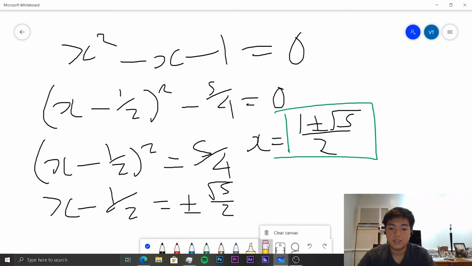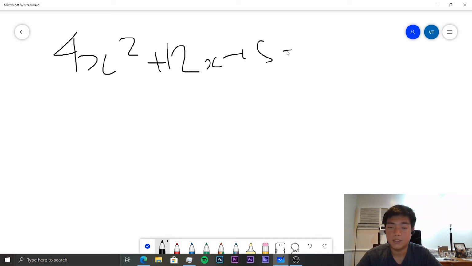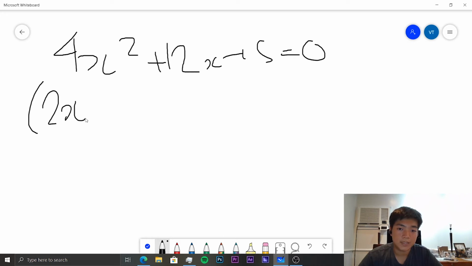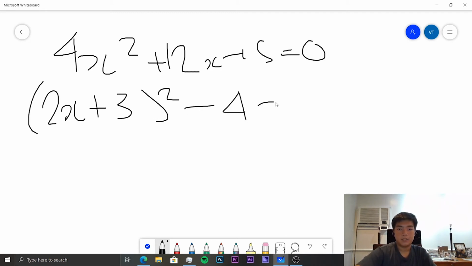Moving on to another question. We have 4x squared plus 12x plus 5 is equal to 0. And so this would be 2x plus 3 squared minus 4 is equal to 0.